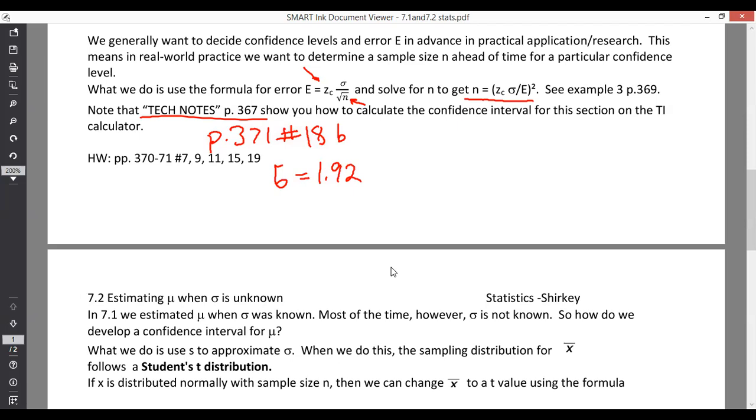This is part B. Find the sample size necessary for a 90% confidence level with a maximum margin of error of 0.3.